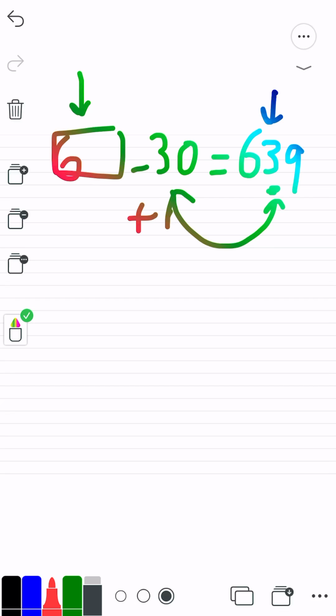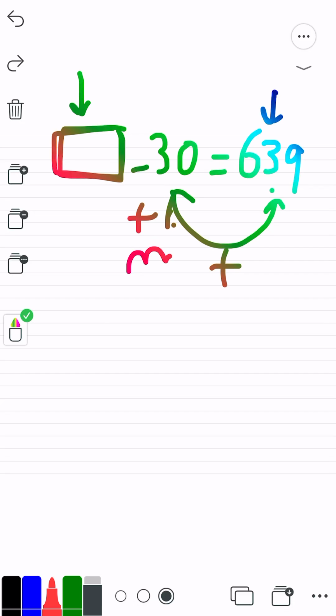So 669, the answer is 669. So whenever you have a square or a missing number minus a number, you change the sign as in addition and you add those two numbers together.